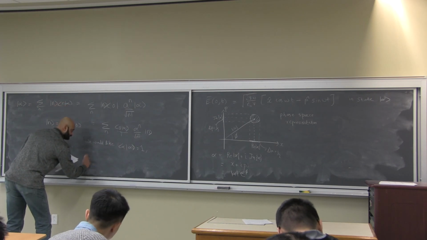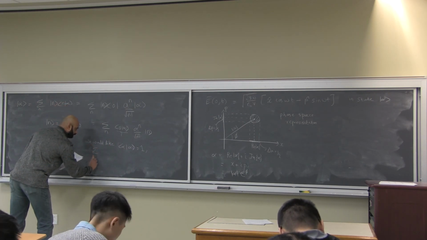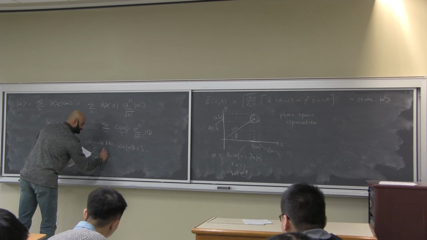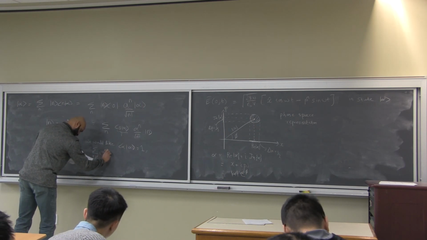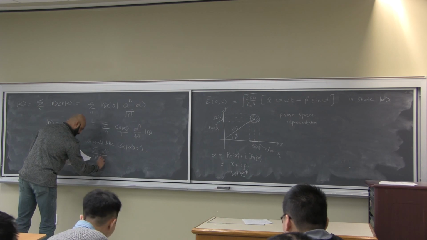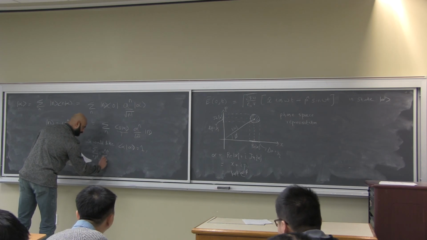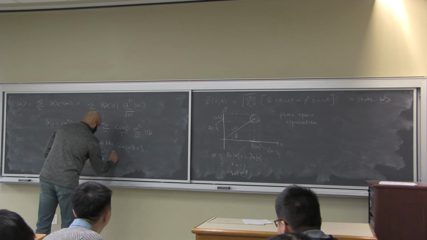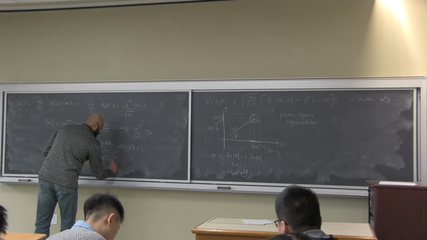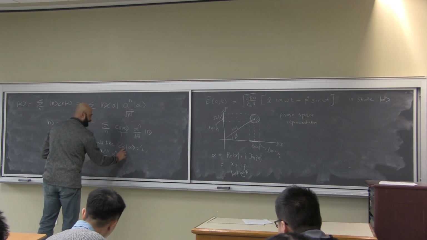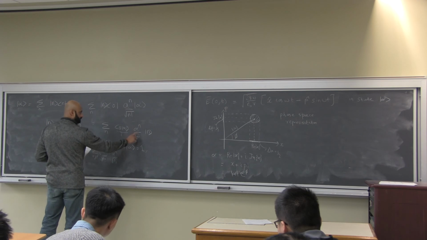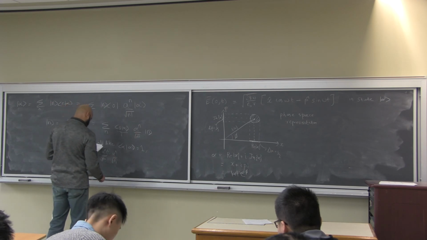That's just the sum over n prime of alpha star to the n prime divided by square root of n prime factorial, times alpha to the n over square root n factorial. I am writing out alpha in terms of this same expansion that I just wrote down.